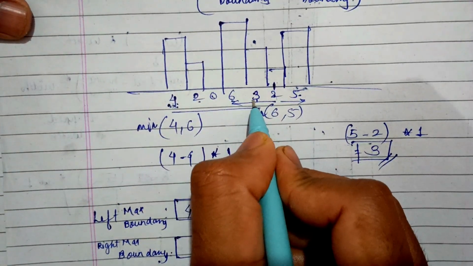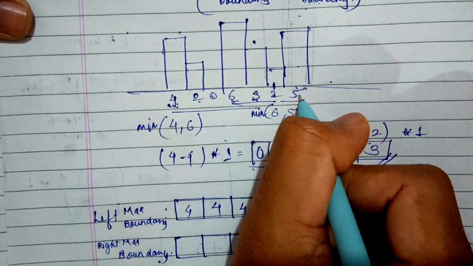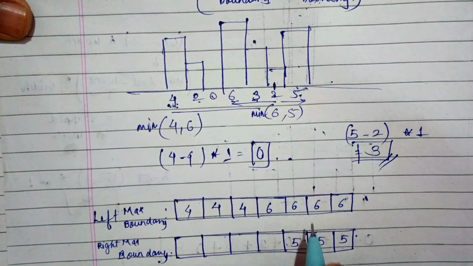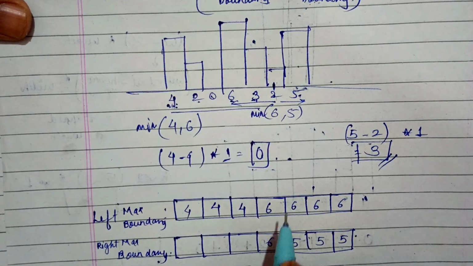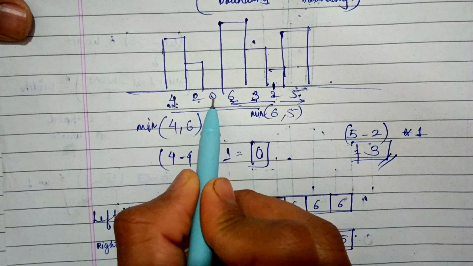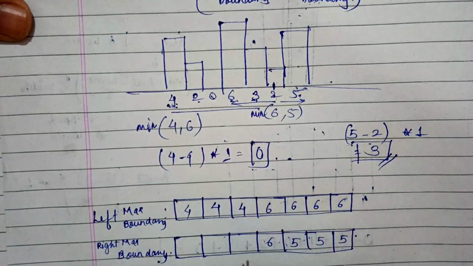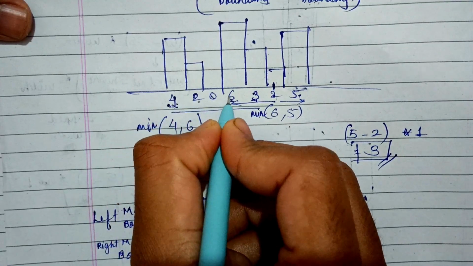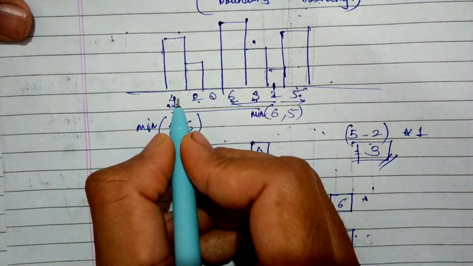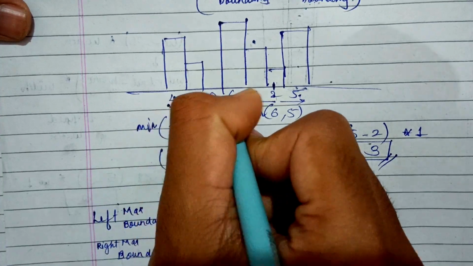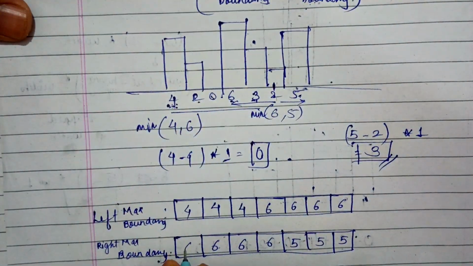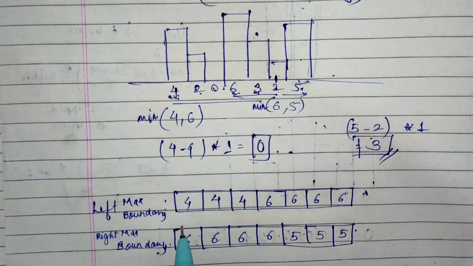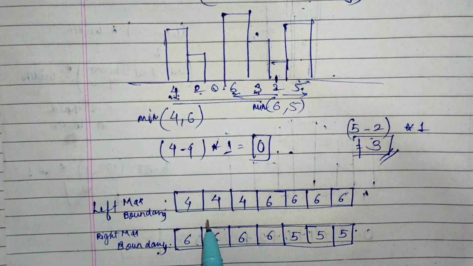For the next, 5. Then 6 only, then 6, 6, and for this bar 6. We have to calculate for each and every bar its maximum left boundary and maximum right boundary.